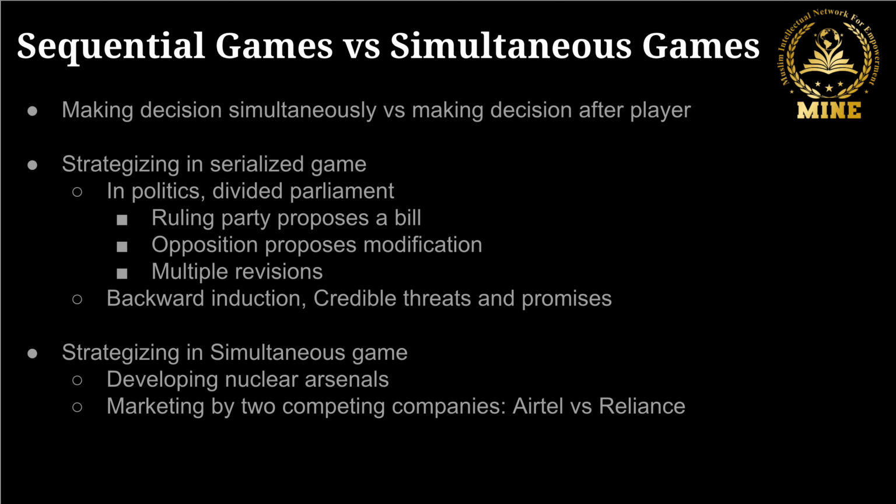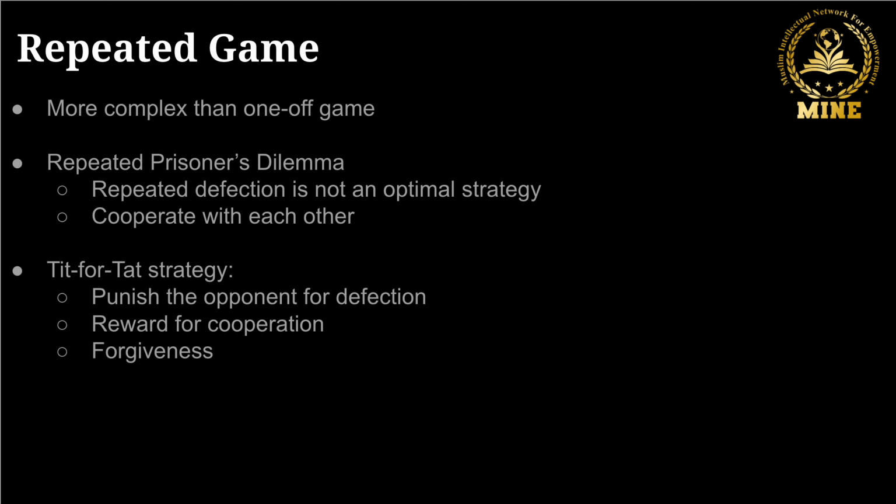Then games can also be classified according to being repeated in nature or one-off. Repeated games are those games which are played many times in succession. So it is more complex than a one-off game because of the history that you store about what happened in the previous round. Imagine a prisoner's dilemma being played repeatedly. In a one-off game, like we discussed, the dominant strategy is to defect, as in confess and get a shorter prison term.